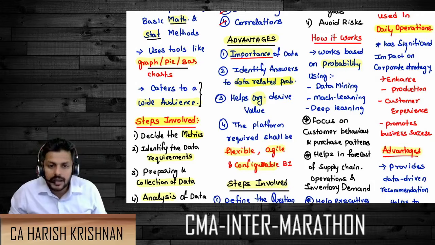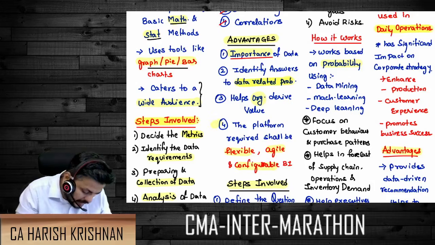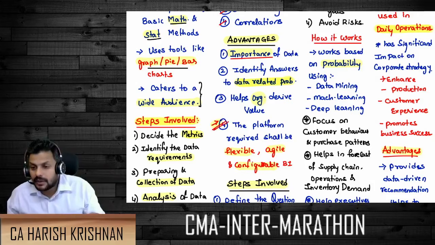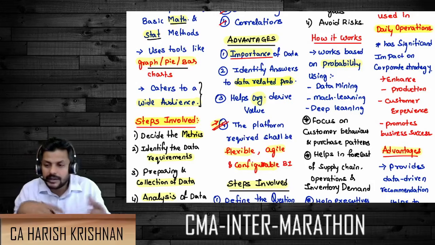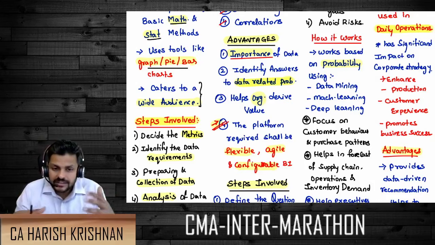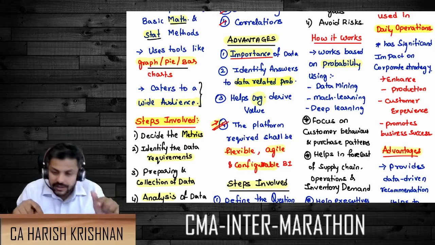That is the very important limitation. Actually, though not written there, this point is considered to be the limitation. It is not the advantage. The platform required should be flexible. If it is not flexible or agile, meaning the ability to quickly change things across, so agility, right? The freedom of movement. So if a flexible, agile, and configurable business intelligence tool is not there, you won't be able to diagnose. So actually that is a limitation there.